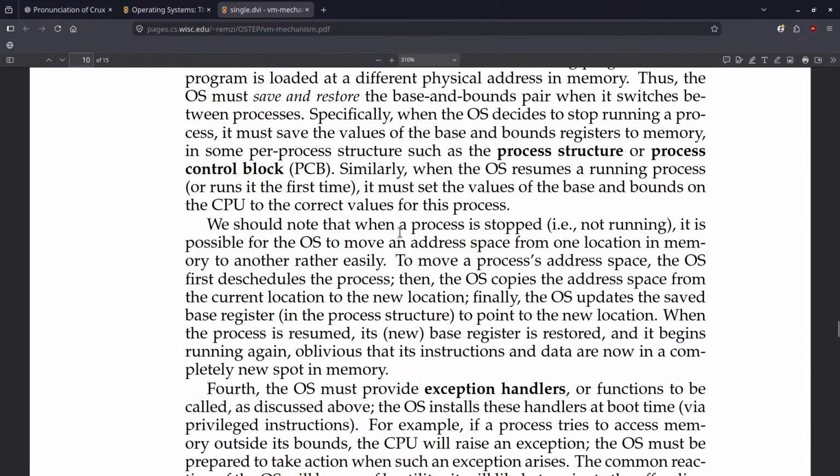We should note that when a process is stopped, not running, it is possible for the operating system to move an address space from one location in memory to another rather easily.